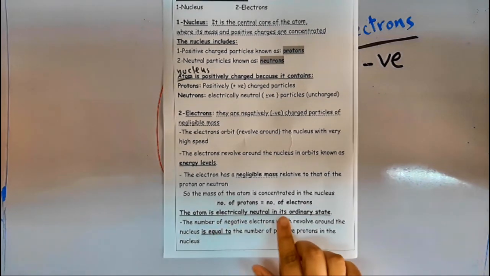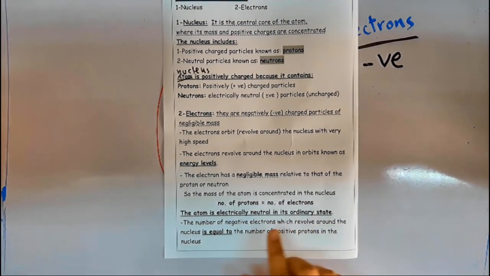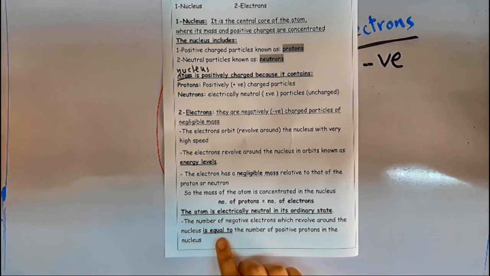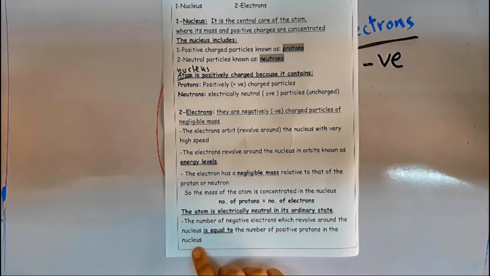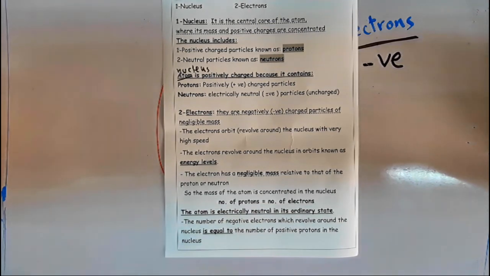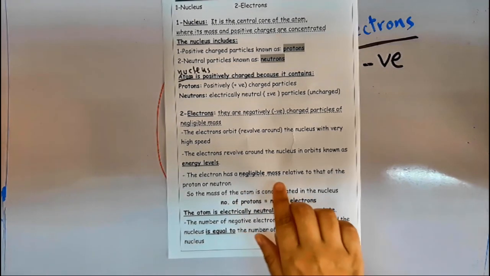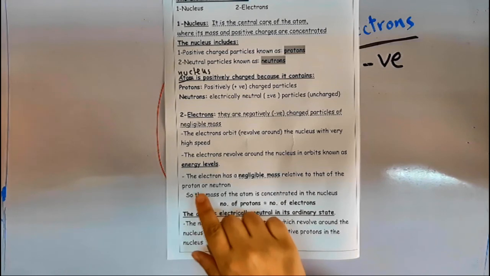The atom is electrically neutral in its ordinary state. The number of negative electrons which revolve around the nucleus is equal to the number of positive protons inside the nucleus. And as we said, the mass of the atom is concentrated in the nucleus. So when they ask you, give reason, the mass of the atom is concentrated in the nucleus, I will say because the electrons have negligible mass relative to protons and neutrons.